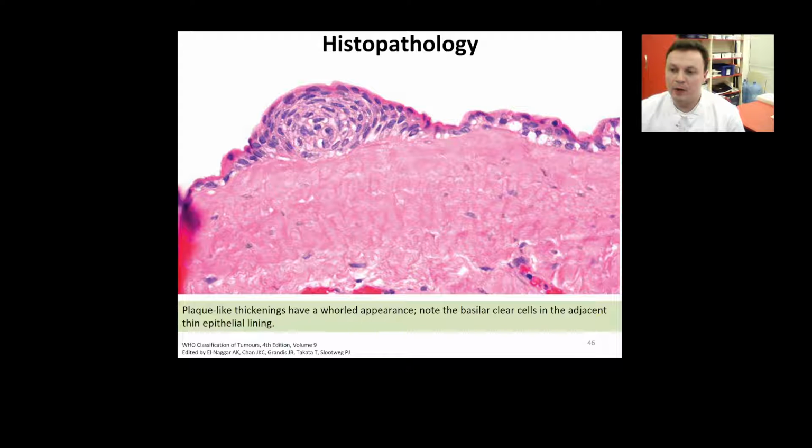Focal abrupt thickening is often present, producing plaques that protrude into the lumen or into the connective tissue wall. Clear cells are often present.